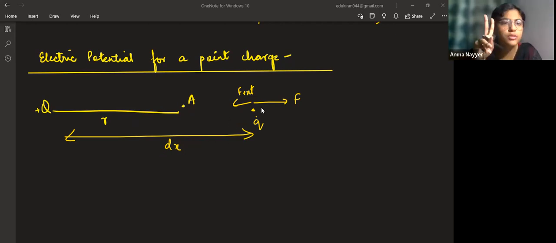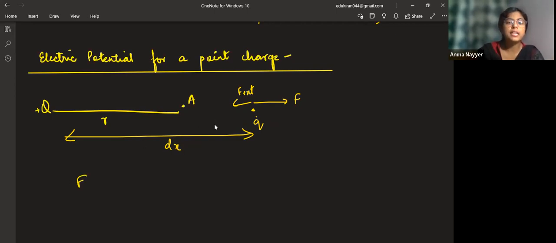Now, two forces will act in your system. One is the external force that you are putting to shift the charge. The definition of electric potential is that we bring the charge from infinity to a particular point. One more force is the internal force within the system, because two charges are present, so they'll have electrostatic forces also, right?